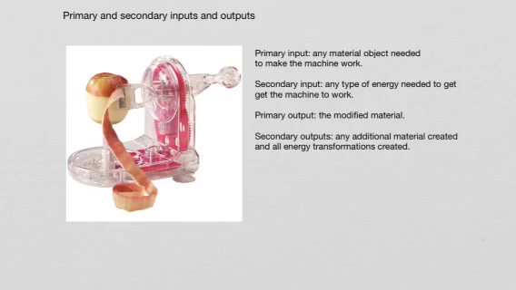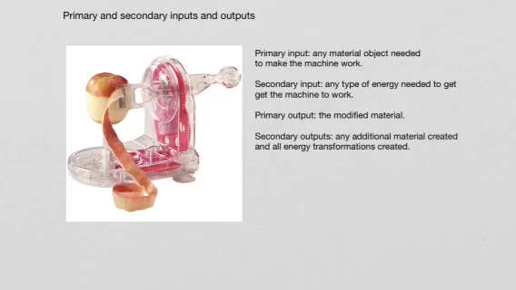Now we start to talk about energy transformations. If I input muscular energy into this, I'm going to actually cause all of the gears to start this chain reaction because they are a gear train, and that is going to cause more kinetic movement.